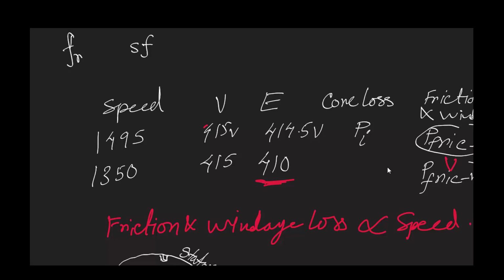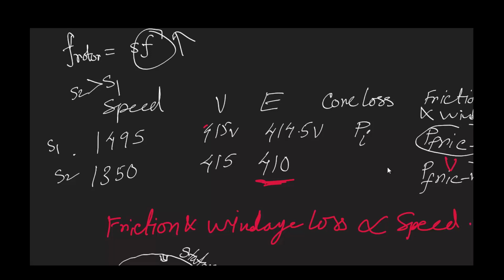Rotor frequency is Sf. So, for this, clearly the slip value at this, if it is S1 and this is S2, clearly S2 is greater than S1. Therefore, this value will be higher. Now, if this value is higher, then obviously the core loss will be higher.